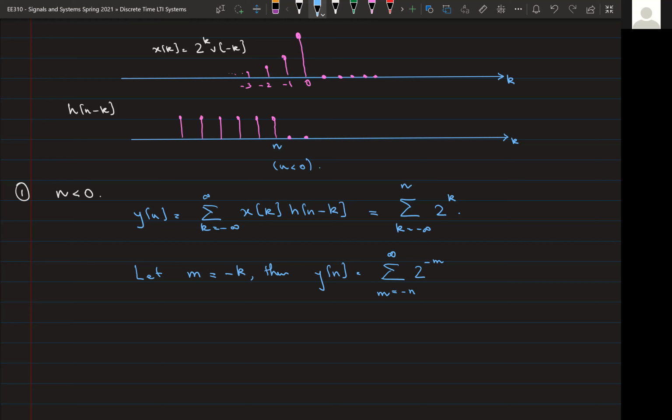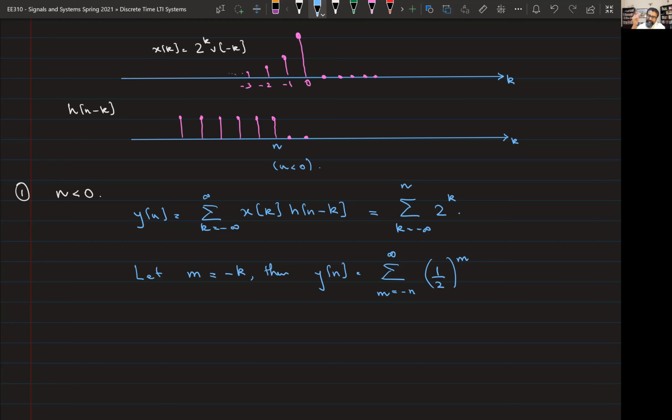Change the limits, take minus infinity up and minus infinity will come down. Again, the kind of summations that I'm familiar with: 2 raised to power minus m is actually equal to half raised to power m. The summations I'm familiar with involve a sum from m equals 0 to infinity.